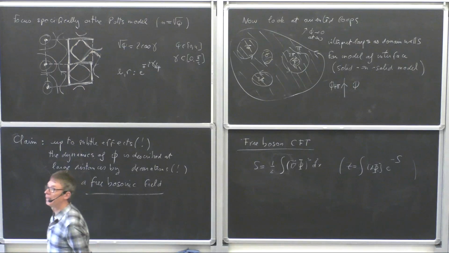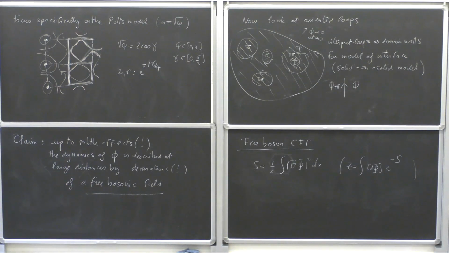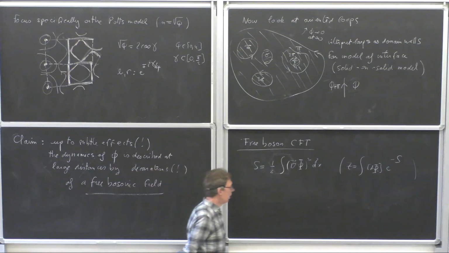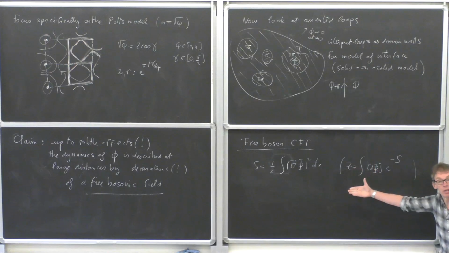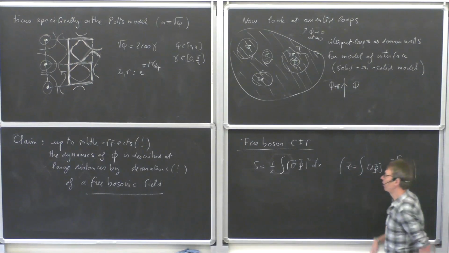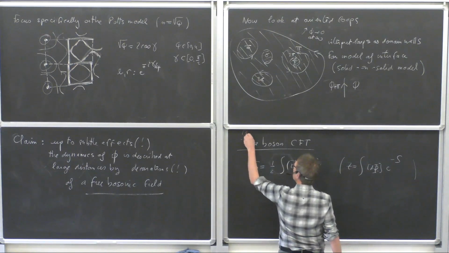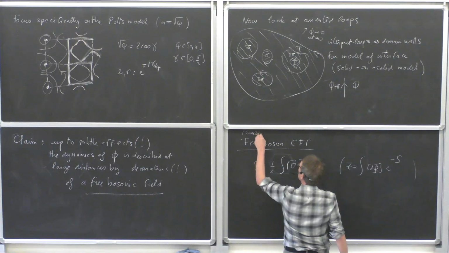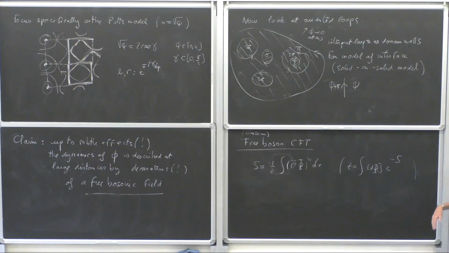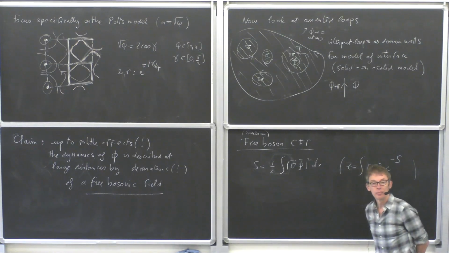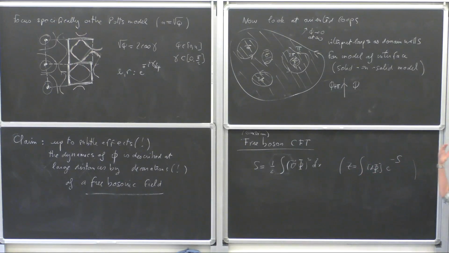So what I am saying is that the dynamics of the heights in the loop model at long distance is described by observables in this theory. And because it is a free theory, free or Gaussian, I am going to be able to calculate things and compare them with, for instance, numerical simulations, etc., for the loop model. Of course, the claim I'm making is absolutely staggering.